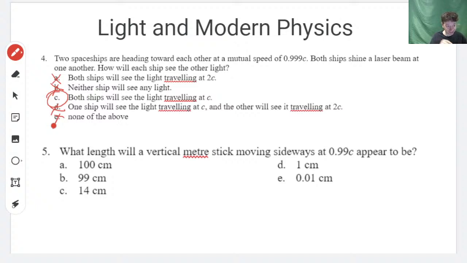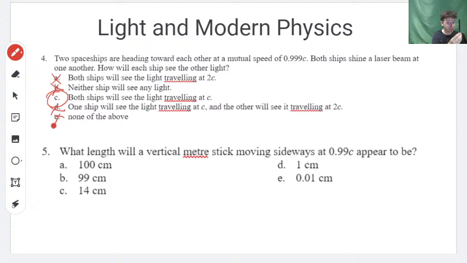Next, we have a length contraction question. What length will a vertical meter stick moving sideways at 0.99 c appear to be? So we have our equations with the Lorentz factor to figure out length contraction, but understand the question first. I don't have a meter stick on me, but let's pretend this pen is a meter stick. Okay, it's moving sideways.